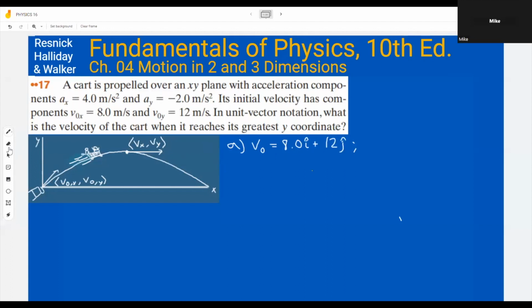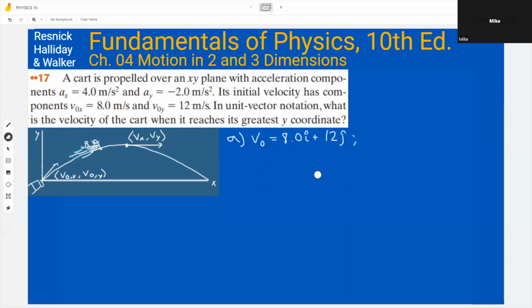Okay. Meron mo pong binigay na position? Origin lang naman po yung makuha natin. Eventually, ito pong maximum, di po natin alam yung position niya.